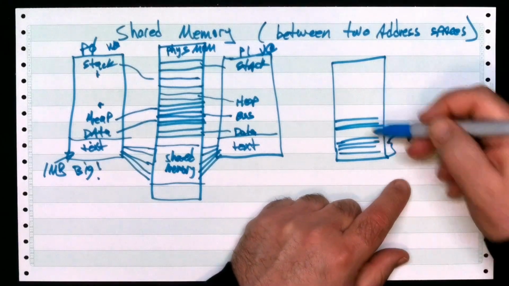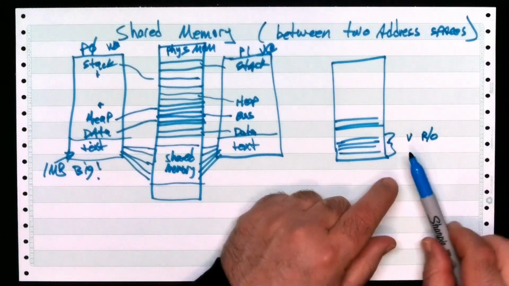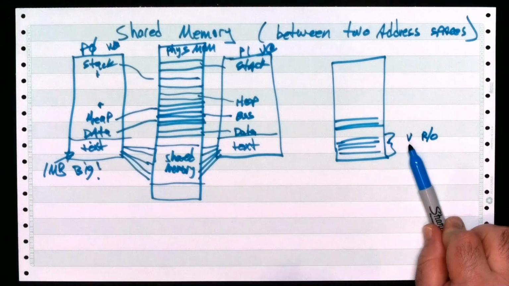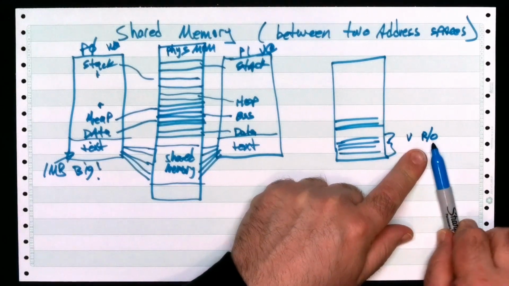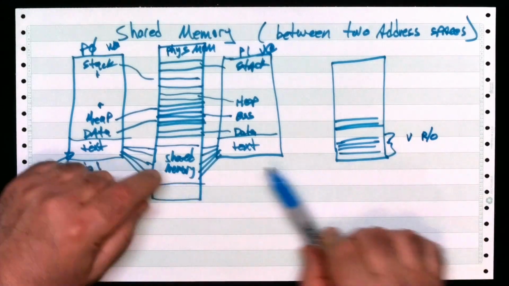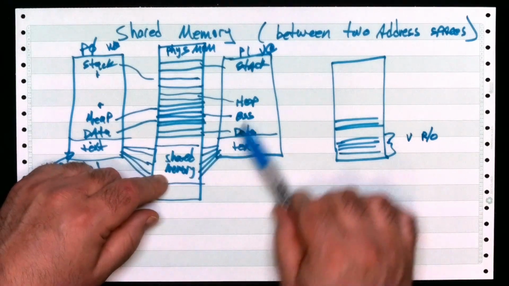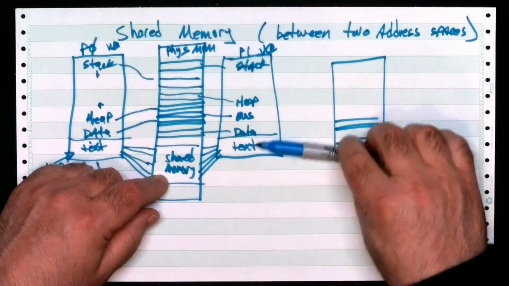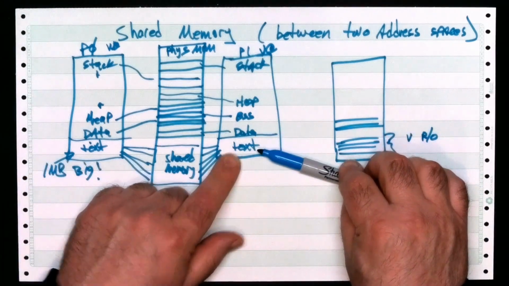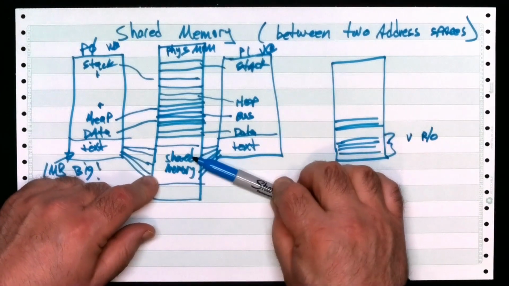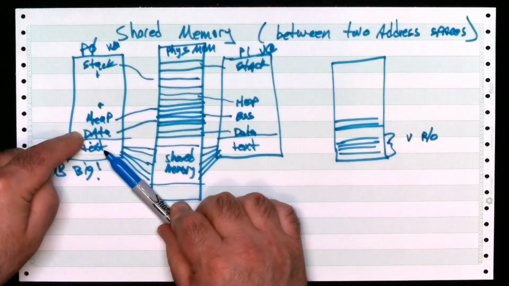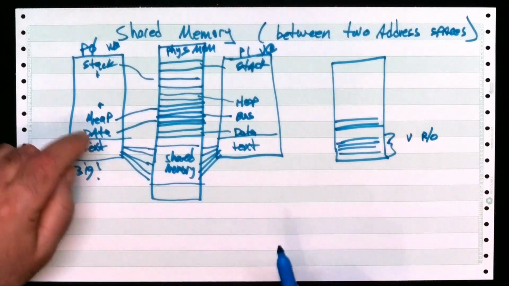Almost every virtual memory system these days has other flags than valid in there. If it's valid, you can say whether it's read-only or not. And if I mark these as valid pages and I mark them as read-only, then I know no matter what this process does, even if it tries to modify the data in these pages, it cannot corrupt this memory, which would cause these other processes to die. That's really nice.